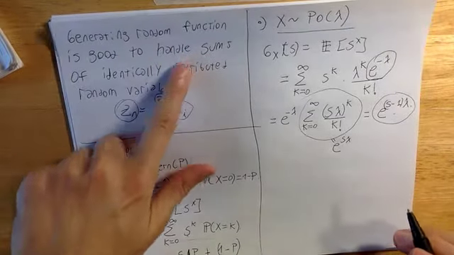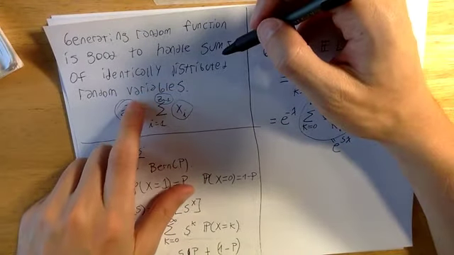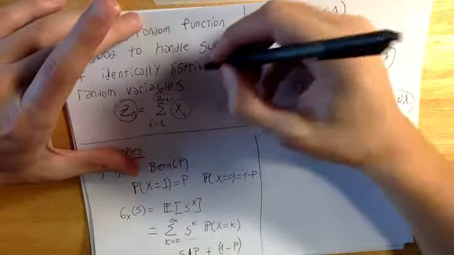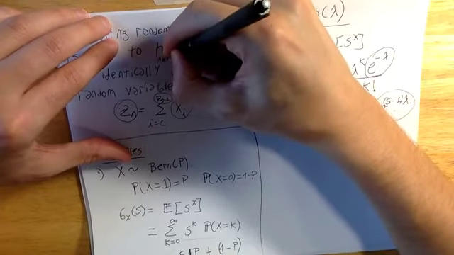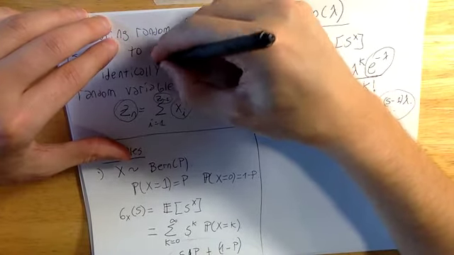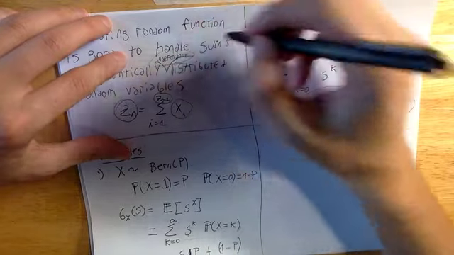Okay, so let's look at the theorem. The generating function is good to handle sums of independent, identically distributed random variables. Let's look at the independent part of this.